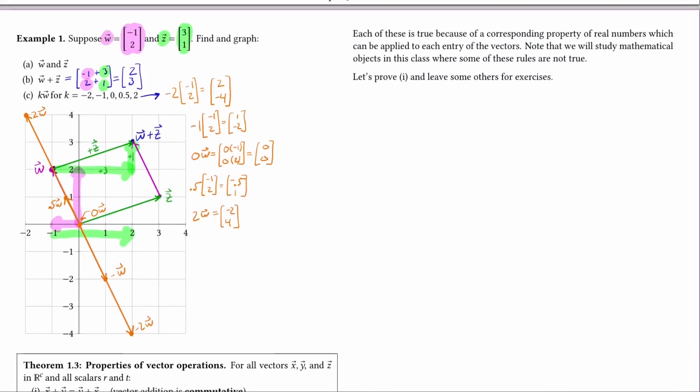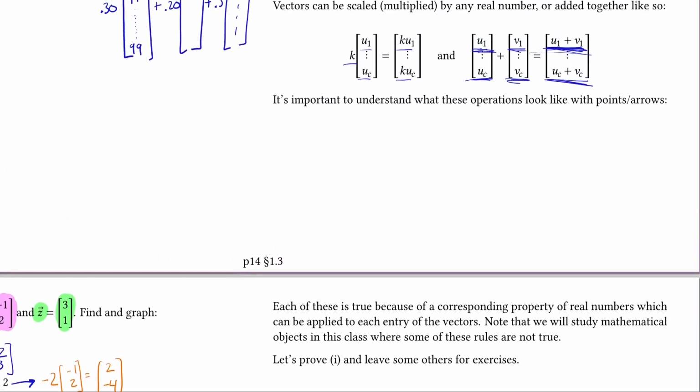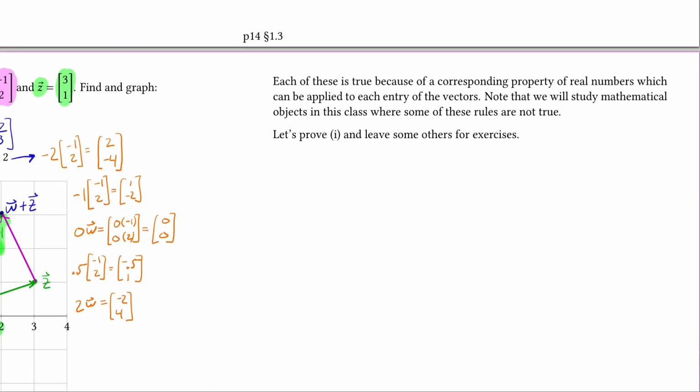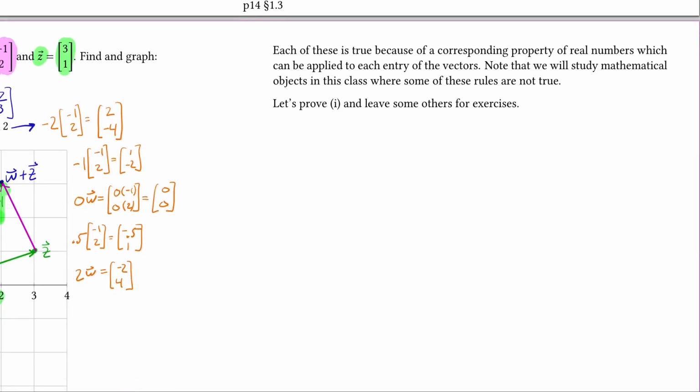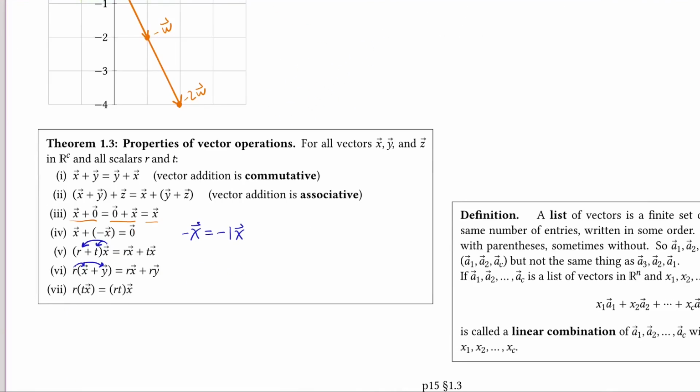So to prove them, you basically need to apply the definitions that we have here and show how there's a corresponding property of real numbers. So let's prove one and leave a few others for exercises. So if we're just proving part 1 here, it says that x plus y is equal to y plus x for all vectors x and y.